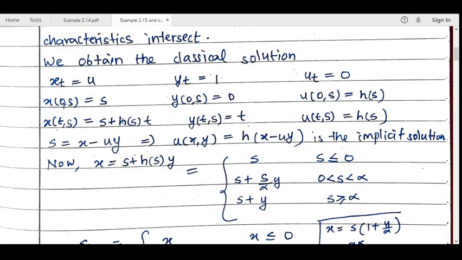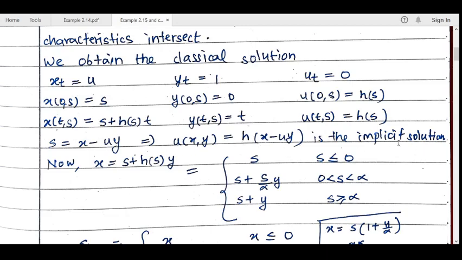Then this also we did in the last problem, same thing: x is equal to s plus h of s t, y equal to t, u equal to h of s. So s equal to x minus u y, so u equal to h of (x minus u y) is the implicit solution. Now here h is different. Up to this all steps are same. We got the implicit solution.